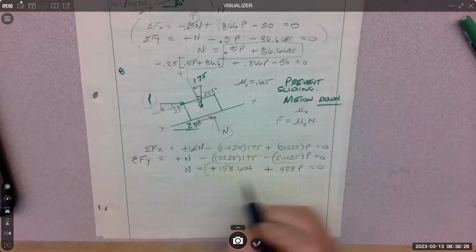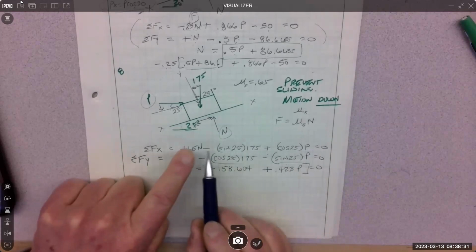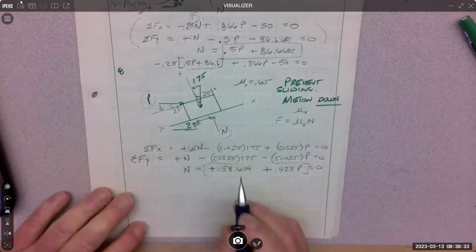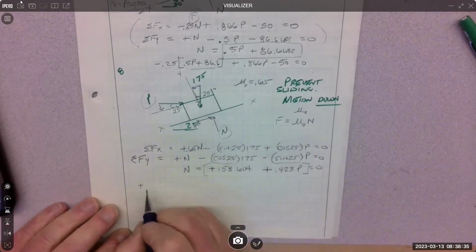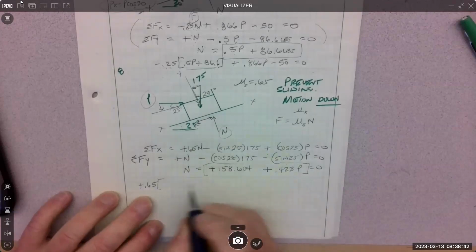So that's our N statement. Since we got it from this equation, we substitute it back into the other equation. So that's going to be plus 0.65. I'll write it all the way out. You wouldn't necessarily have to. You could just go for some of the simplification.